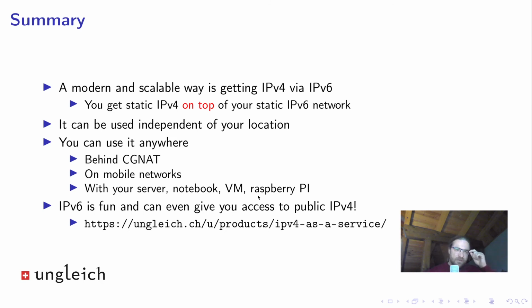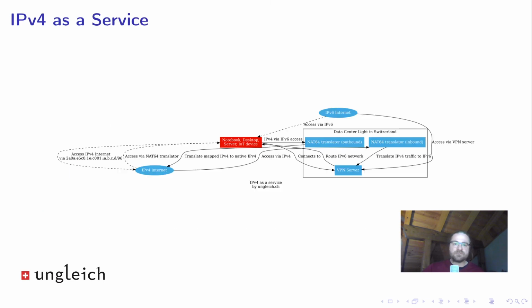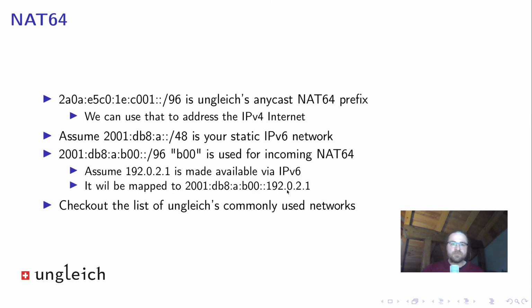So in summary, IPv4 via IPv6 is quite a nice model, and also a very scalable way for getting IPv4 via IPv6. The point is, going back here, we said we use this prefix, the B00 subnetwork /96.